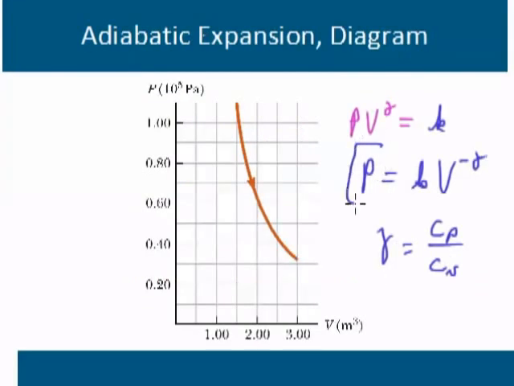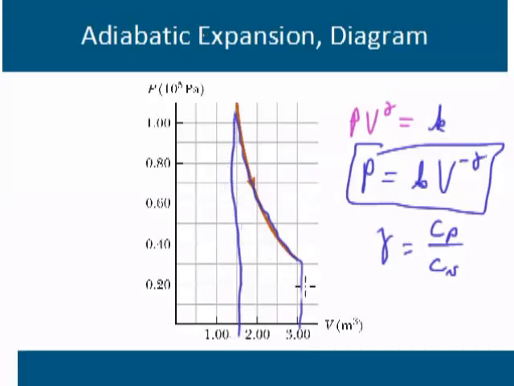Anyway, that equation P equals KV to the negative gamma is going to give you some line like this, and then if you take the area under that curve, that will tell you the amount of work done by the gas as it expands or contracts adiabatically.